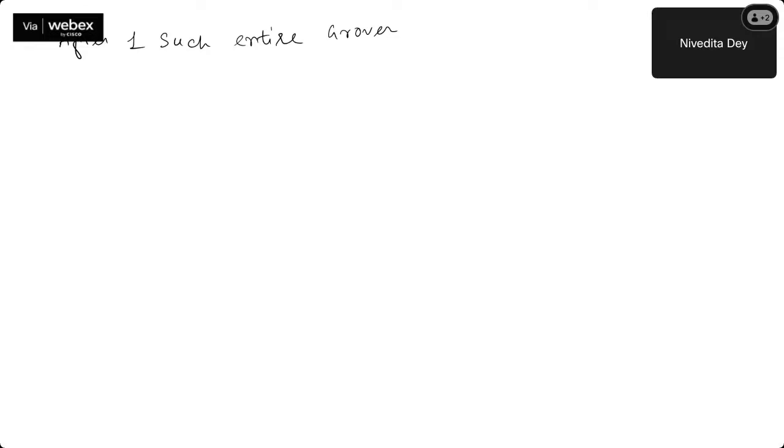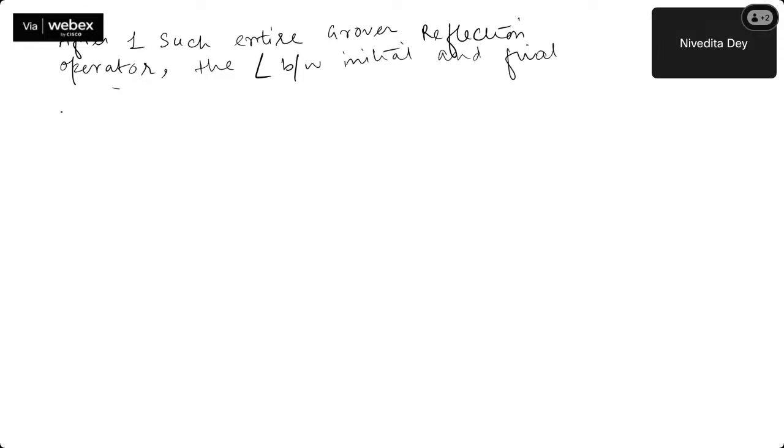So after one such entire Grover reflection operator, the angle between the initial quantum state and the final quantum state is 2 times theta.